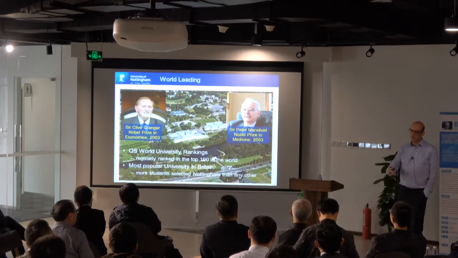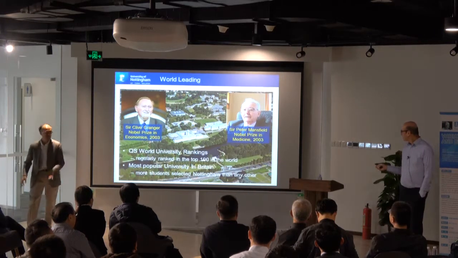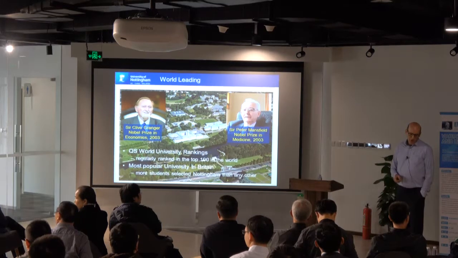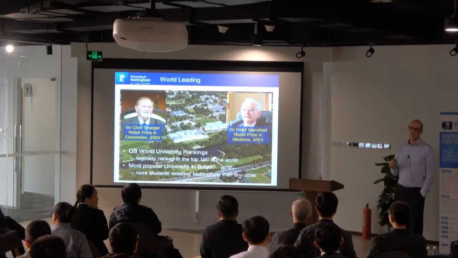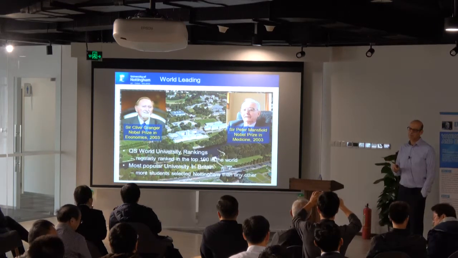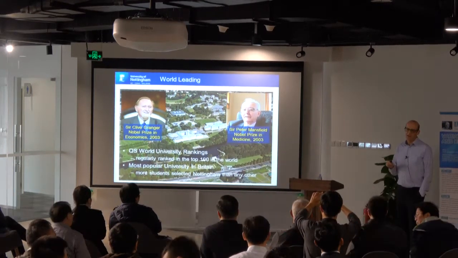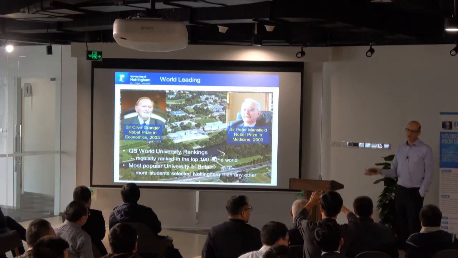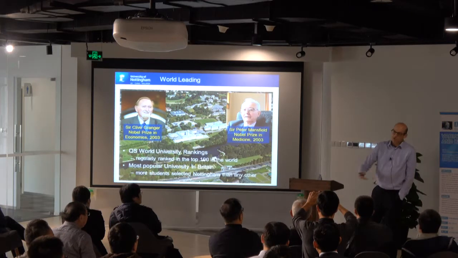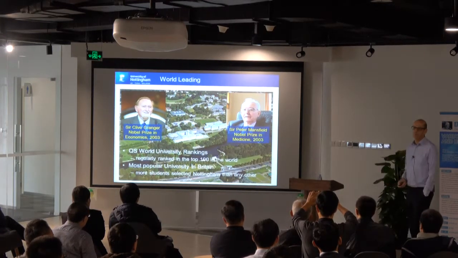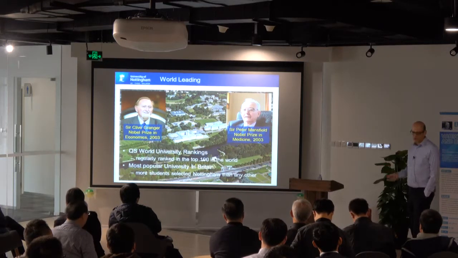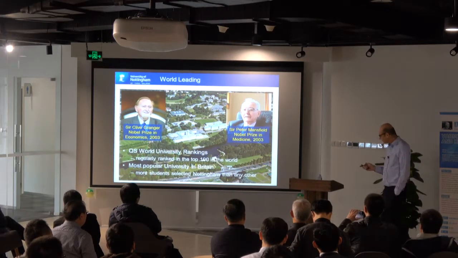He won it for inventing magnetic resonance imaging, MRI. MRI scanners are now used around the world, in every big hospital in every country. MRI scanning was actually invented in Nottingham by Sir Peter Mansfield.